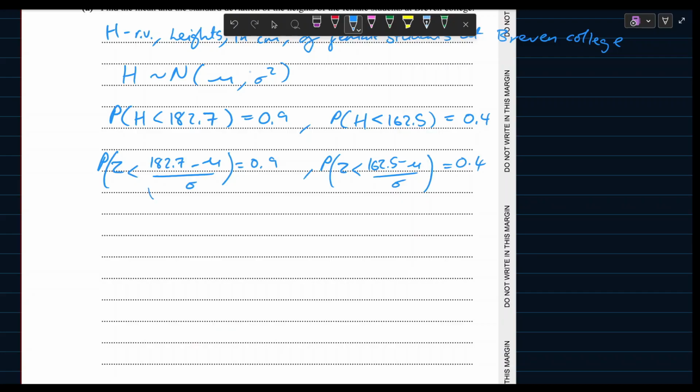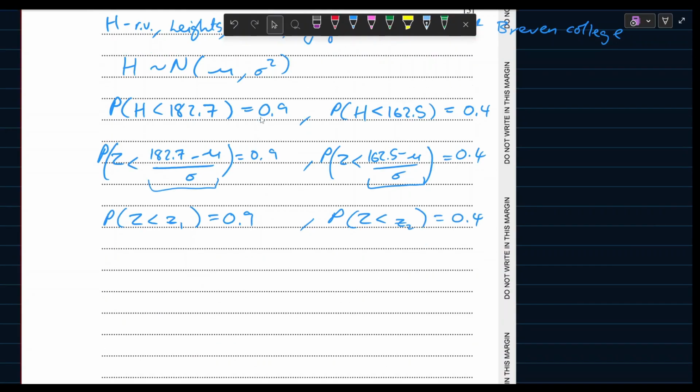And I'm just going to rewrite this as z1 so that it's a bit more readable. So z is less than z1. This is equal to 0.9. And we can do the same here, but I'll rewrite this as z2. Z is less than z2 is equal to 0.4.